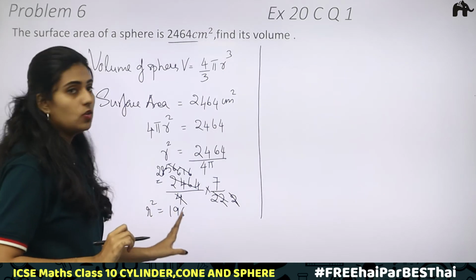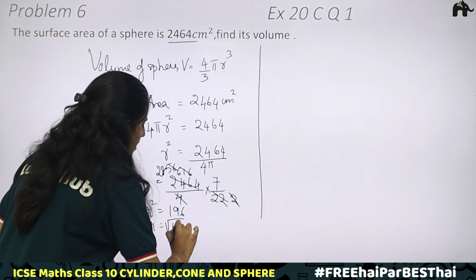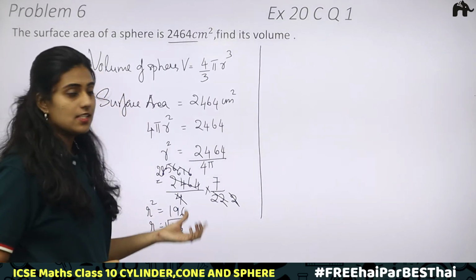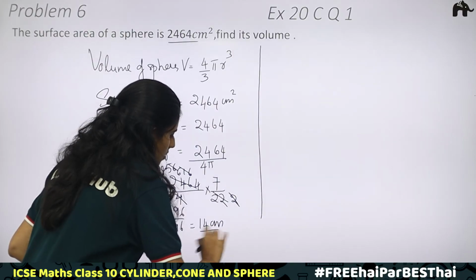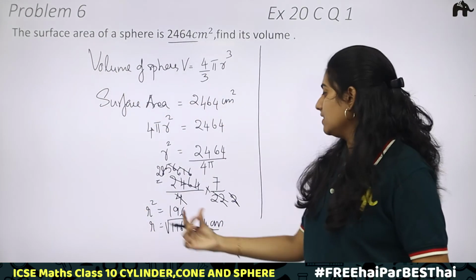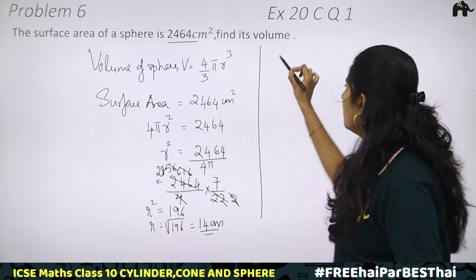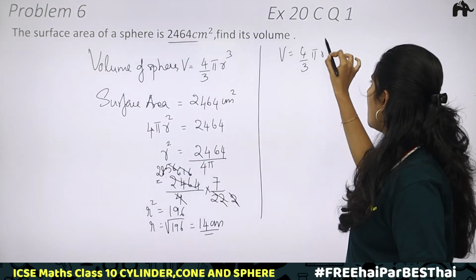If r square is equal to 196, what is r? R is the square root of 196. 196 is a perfect square number. Therefore, we get 14 centimeter. Root of 196 is 14. Okay. 14 centimeter is the radius. If radius is equal to 14 centimeter, what is volume? V is equal to 4 by 3 pi r cube.